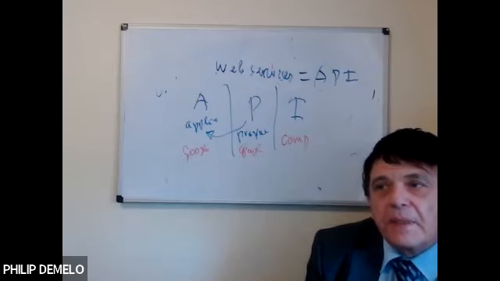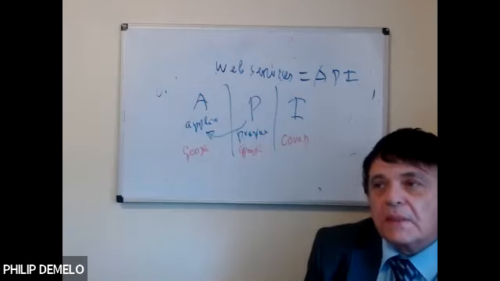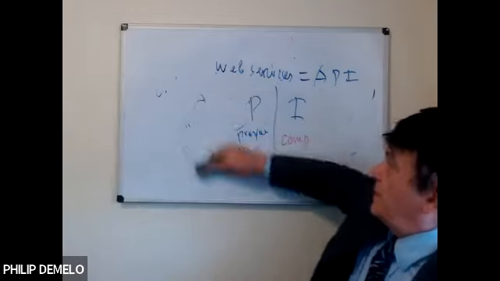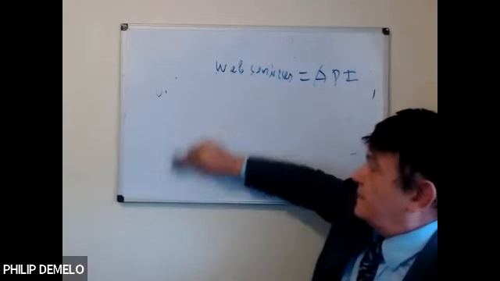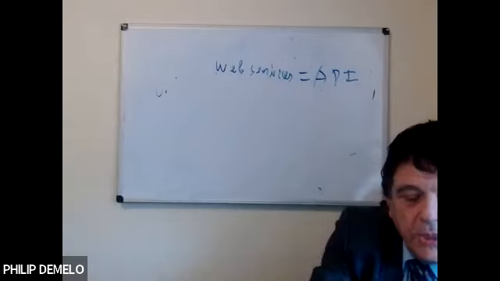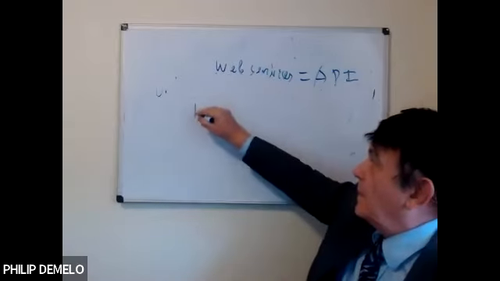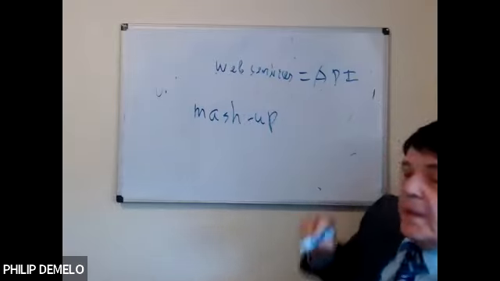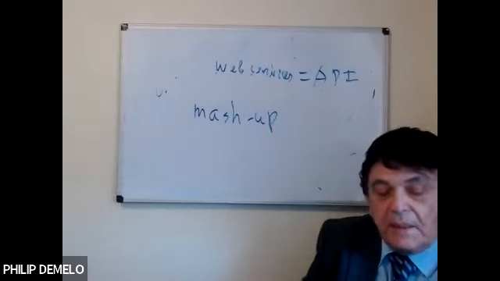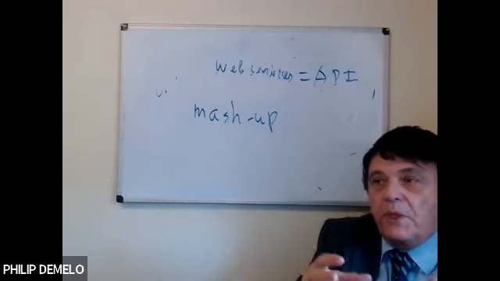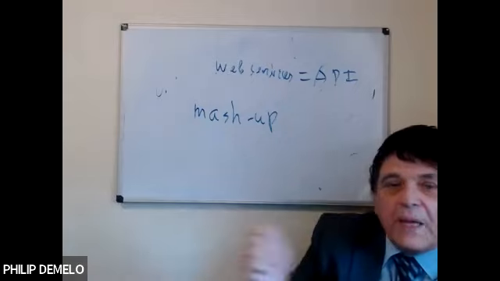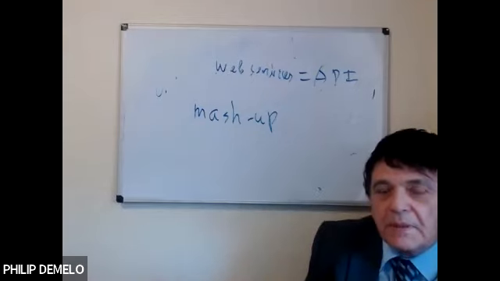Now, one thing I would like to tell you, we have a term, mashup. What it does: we have unique APIs, but in a mashup, we invoke APIs from different systems.